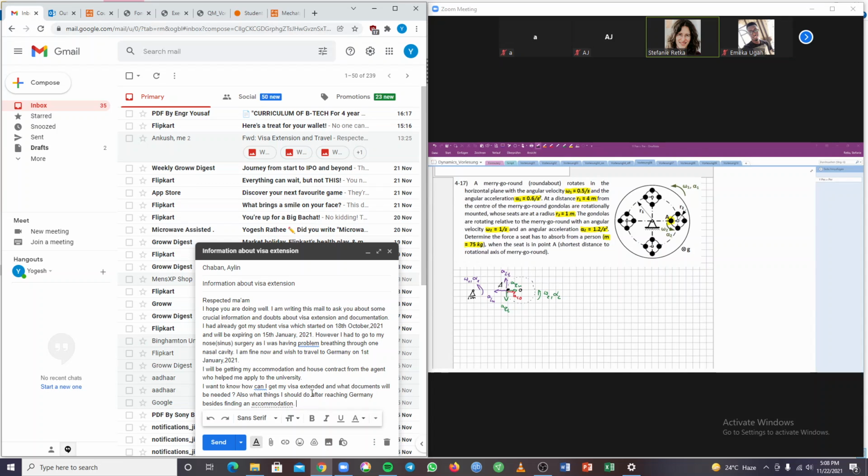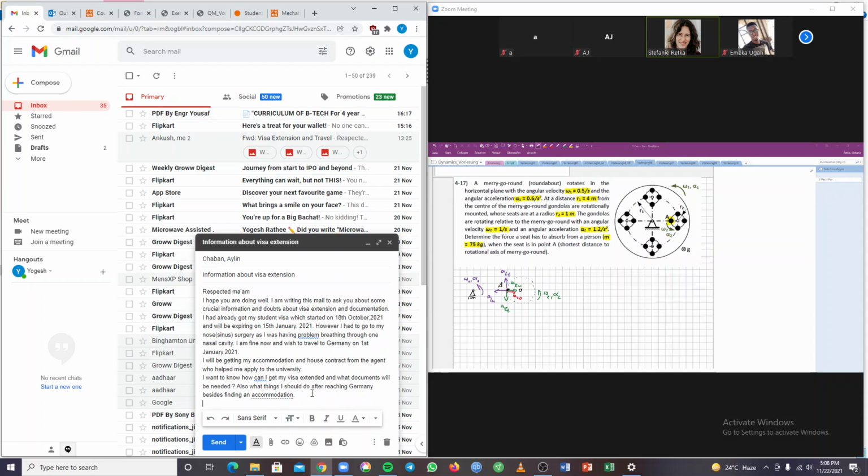All right, if not, then the next step is solving the system, of course. We need to find the components of the acceleration and the absolute acceleration. And once we know the absolute acceleration, we can compute the force acting on the seat.